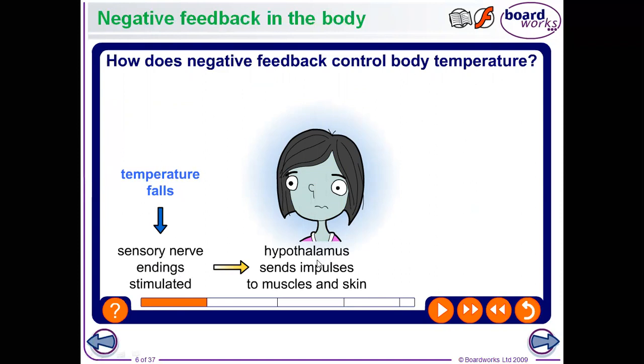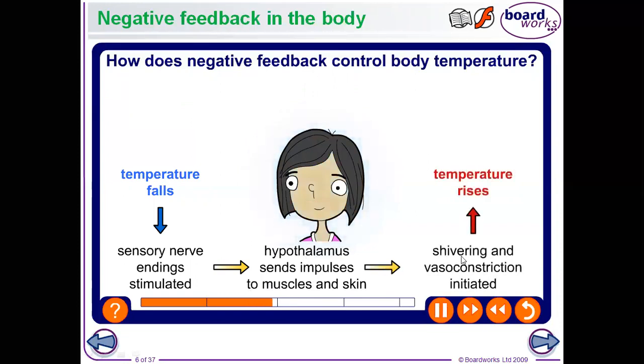And I told you already that the hypothalamus actually has thermoreceptors. So the hypothalamus will detect that, and will send impulses to muscle and skin. And what will happen? Muscle will start shivering to produce heat, while vasoconstriction will happen. Vasoconstriction of blood vessels that are near to the skin.